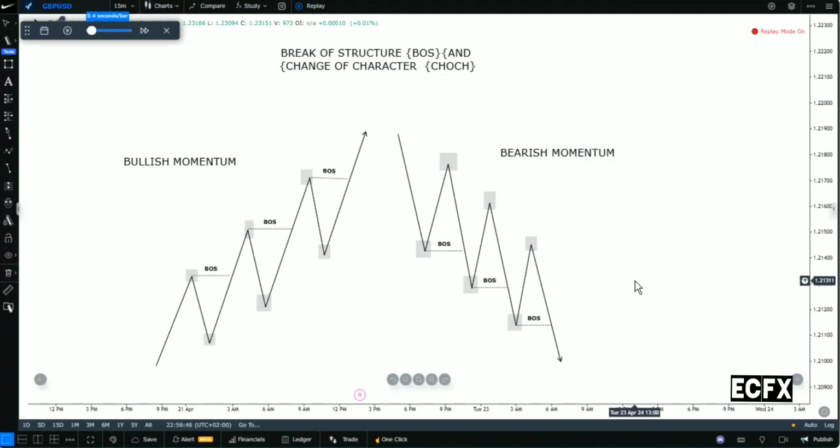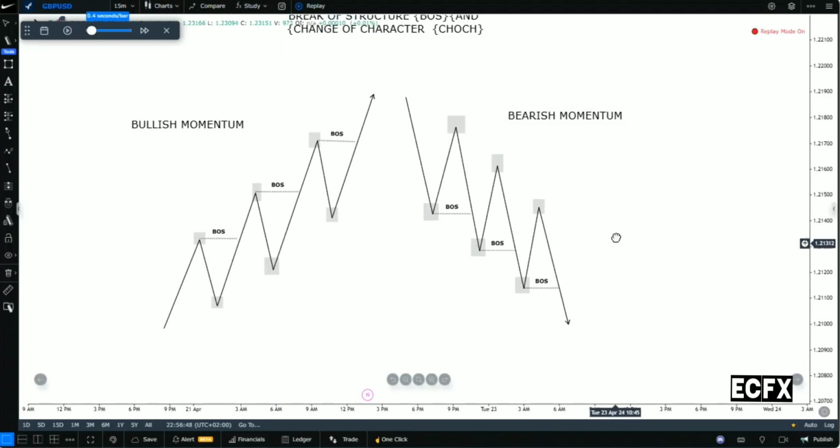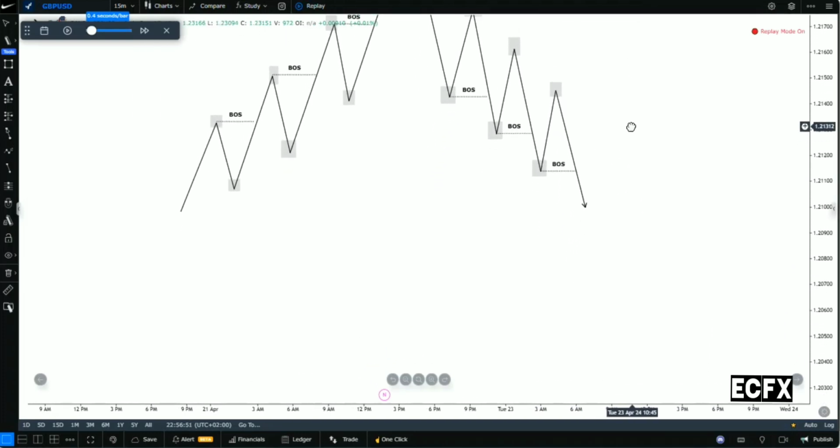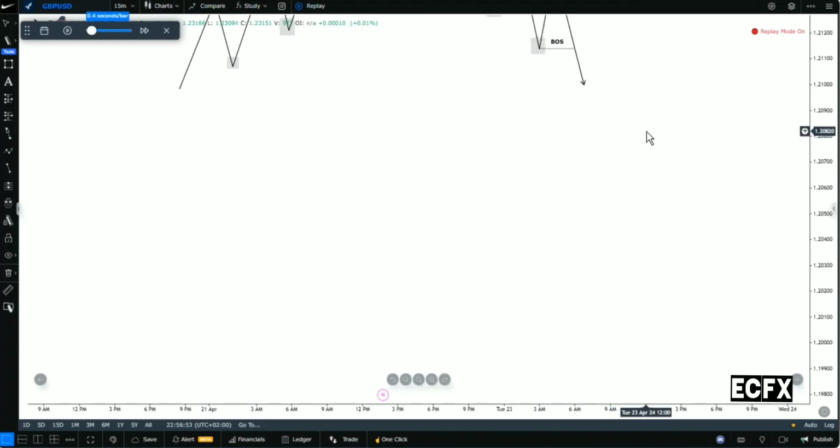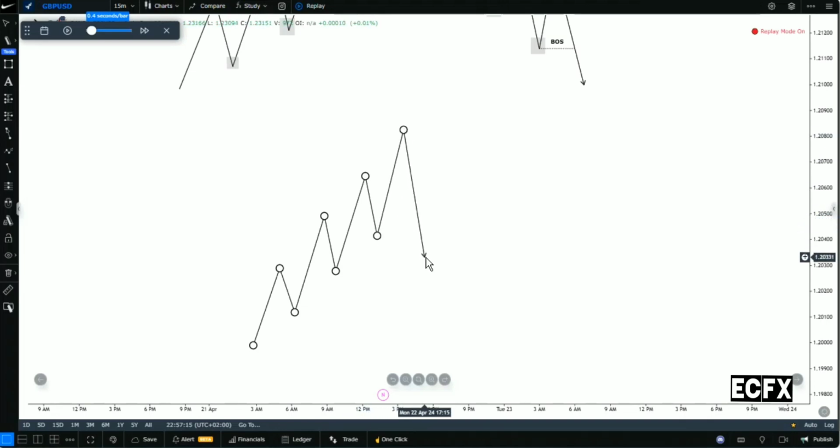So for now, let's move on to a market shift or a change of character, right? So let's say price is in a bullish run at the moment, and then price suddenly breaks the previous low, right?